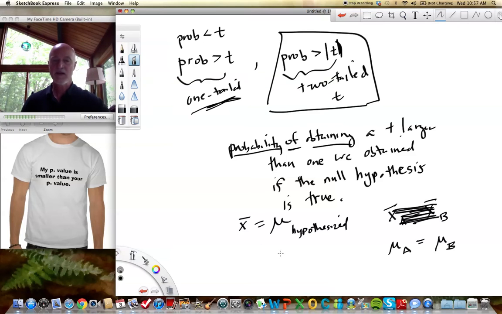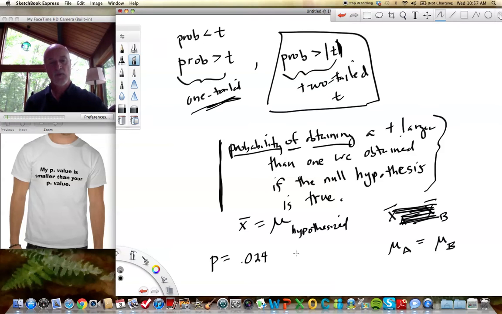Okay, so that's the null hypothesis, and it's important then to think about that in the process of interpreting this probability. So it's the probability of obtaining a t that large when in fact the null hypothesis is true. Okay, so let's revisit then our p equals 0.024 that I talked about a moment ago. So what does this mean?